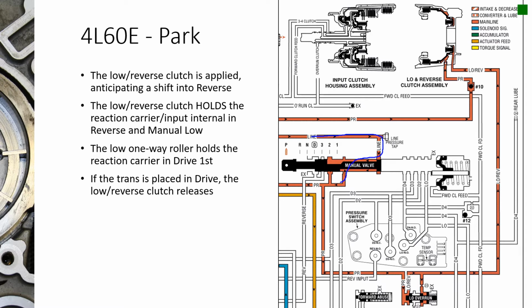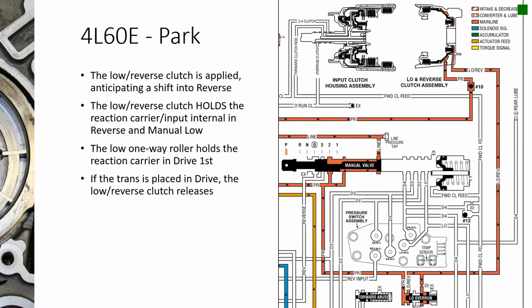The two different places it can go are both to the low reverse piston. It can go through this low overrun valve and find its way into this section, and these little white things on this piston are seals.